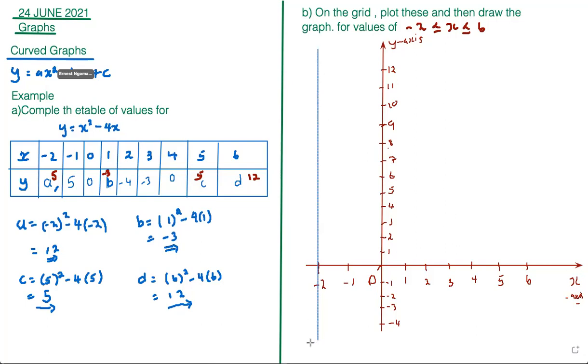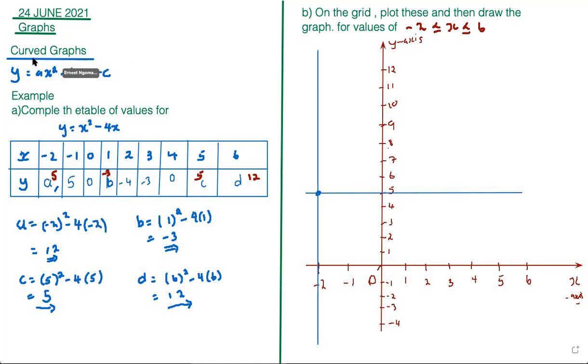Okay, that's x is -2, and y is 5. That point right there. So that is where our first point is, at x is -2, y is equal to 5.